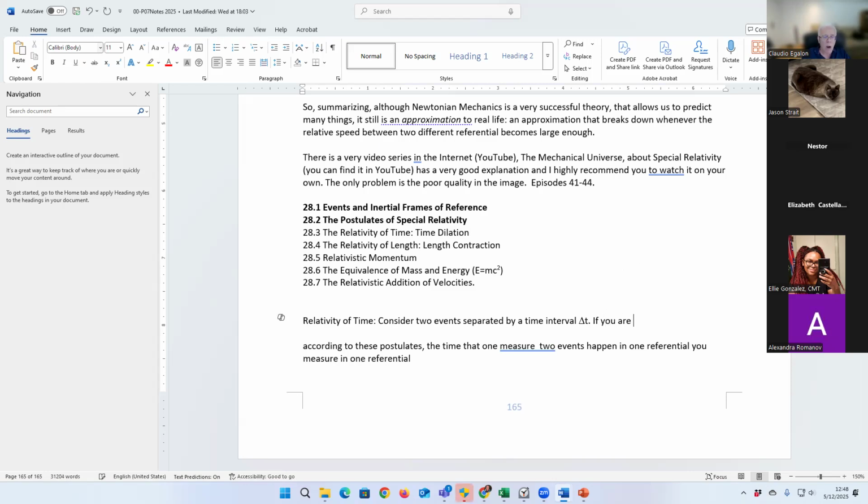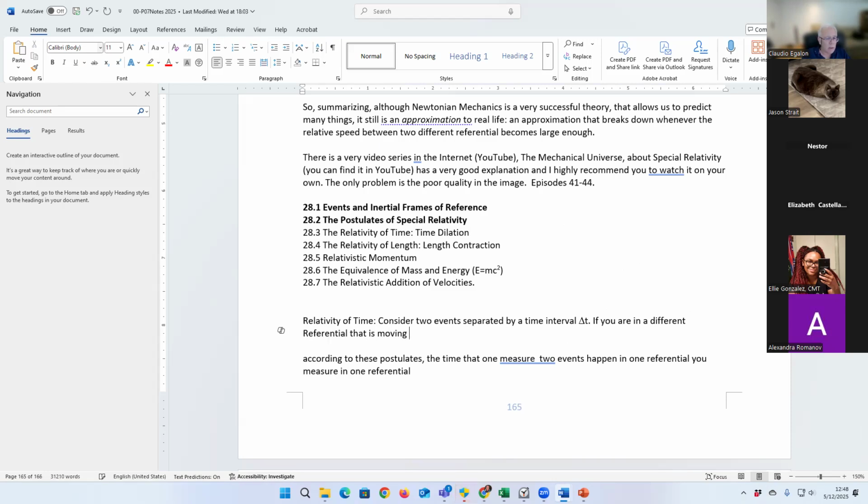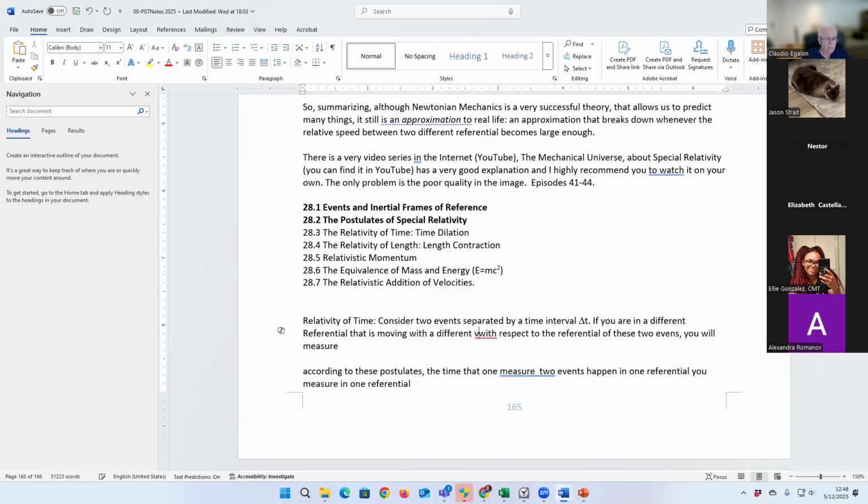If you are in a different referential that is moving with respect to the referential of these two events, moving with a different relative velocity, you will measure a different time interval, delta t prime.